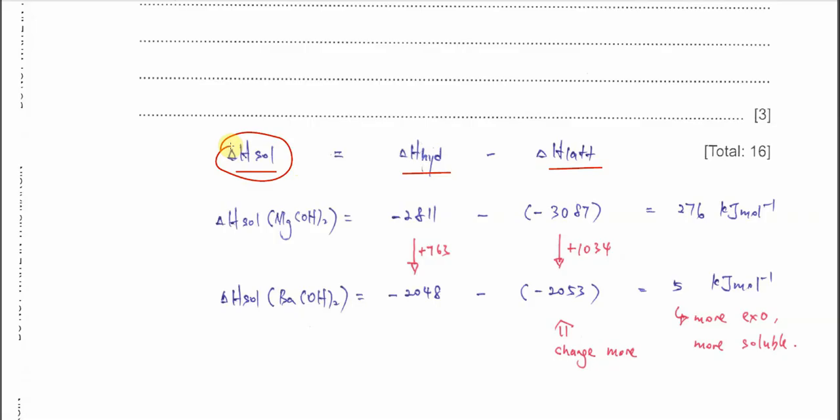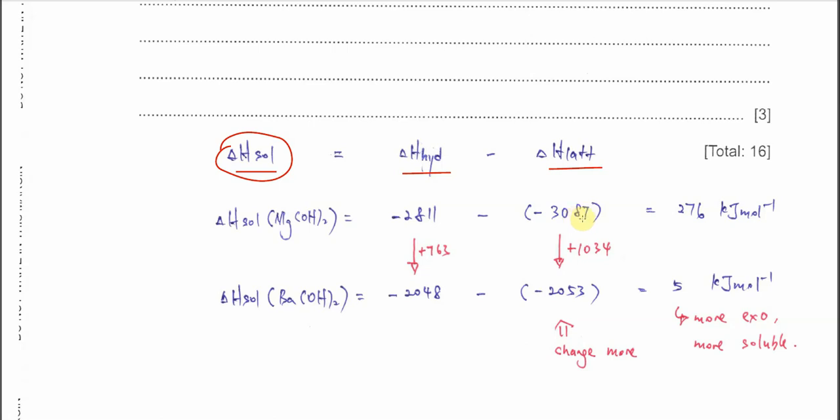So let's check the delta H solution for both hydroxides. For magnesium hydroxide, the hydration enthalpy is negative 2811 and the lattice energy is negative 3087.